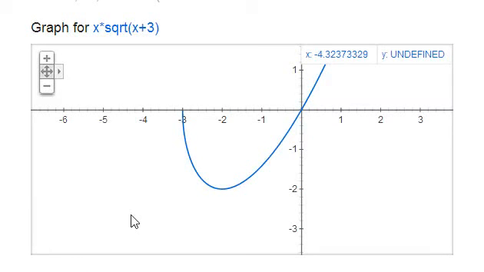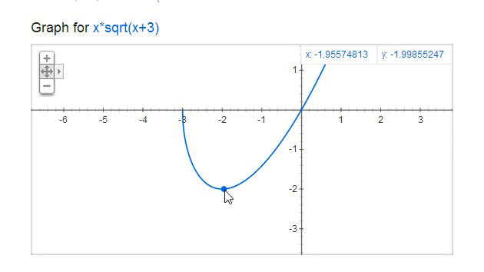Let's take a close look at this graph of this function. As we can see here, we have a minimum right here, and it's actually occurring at -2. What we're going to do here is take -2, this minimum, and plug that into the second derivative.